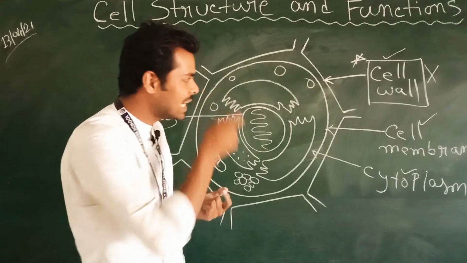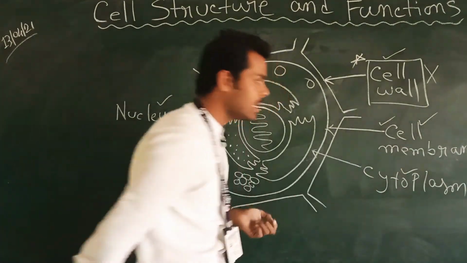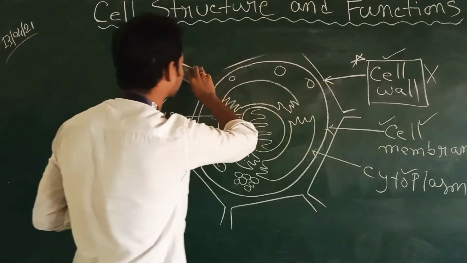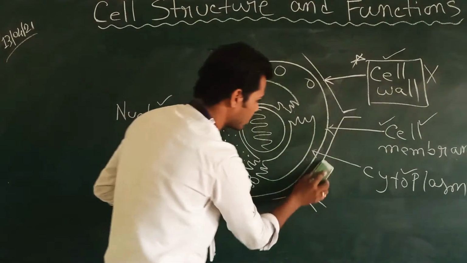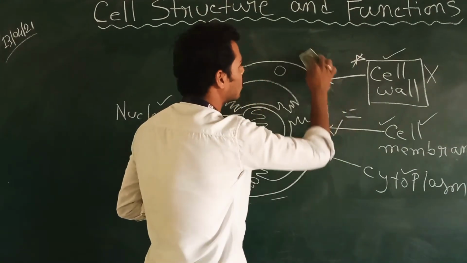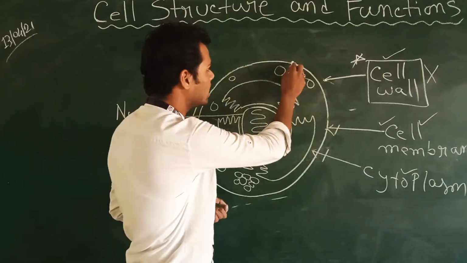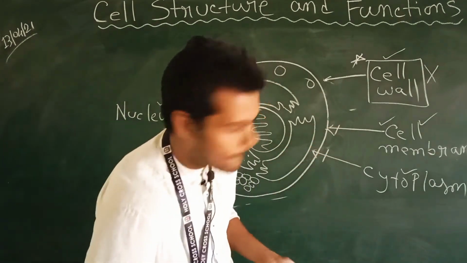First let me discuss the cell membrane. Let me rub out the cell wall so it will be easier for you to understand. This outermost layer I can call the cell membrane.